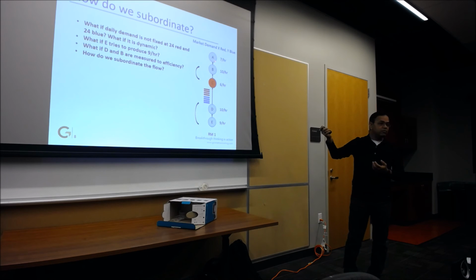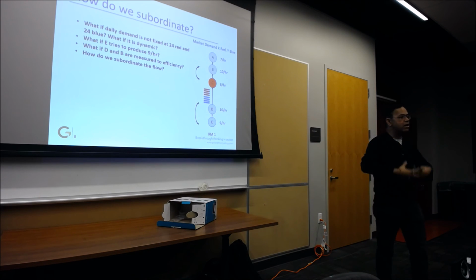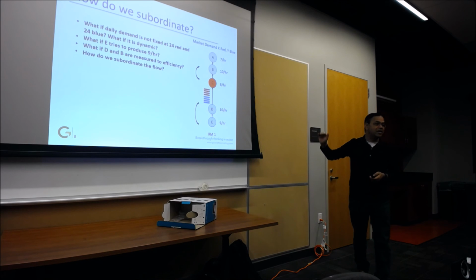Your constraint moves. It moved to A now. If this became 10, for example, because of the investment, this is your elevation step, then your new constraint is A. You have to set up the entire organization to the tune of the new constraint. It is disruptive. All those decisions will have to be taken again.